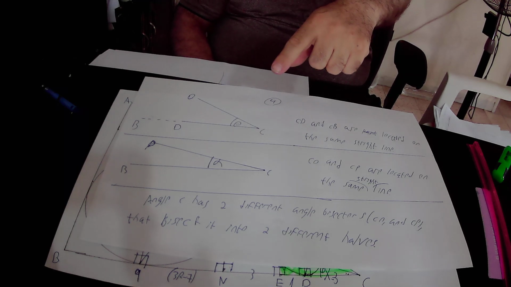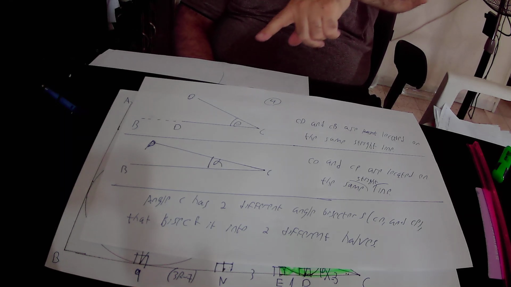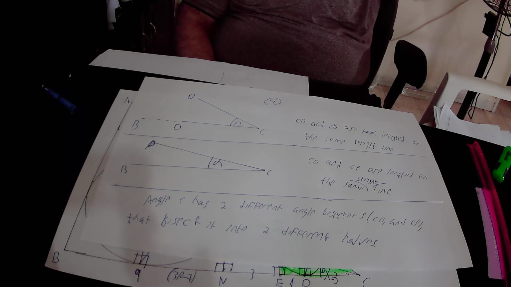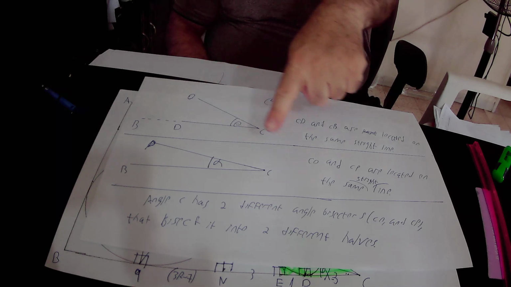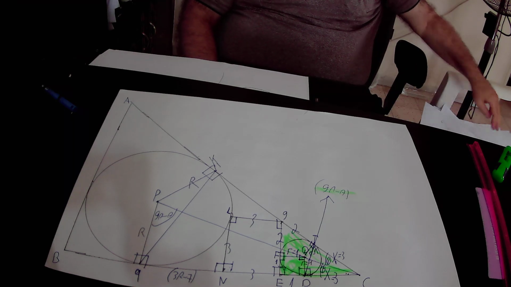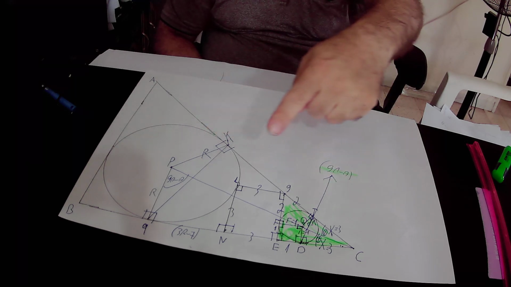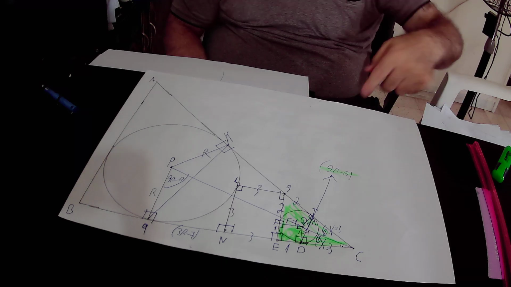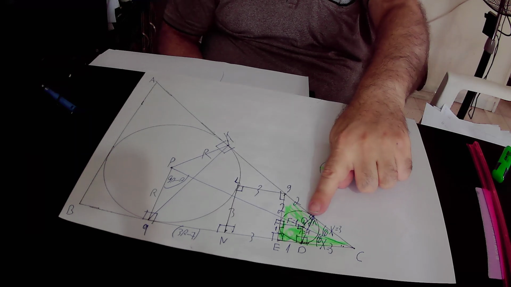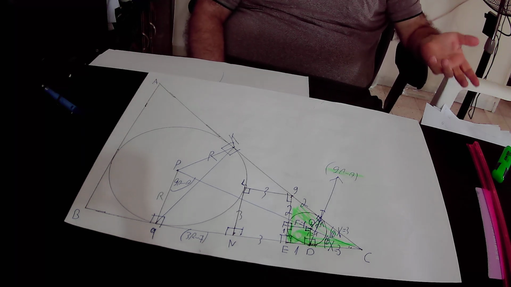So we have here two angles, where one leg of each is located on the same straight line. What about the second leg of those two angles? The second leg is OC in this angle and PC in this angle. So what about them? According to our assumption, CO doesn't pass through point P. If CO doesn't pass through point P, it means that CO and CP are not located on the same straight line.